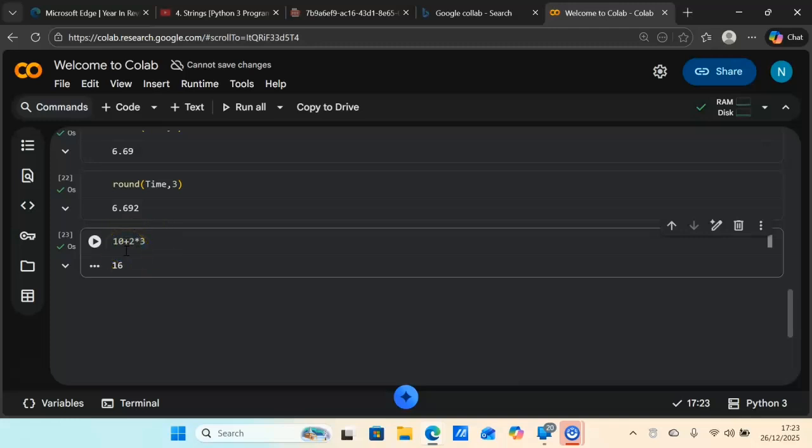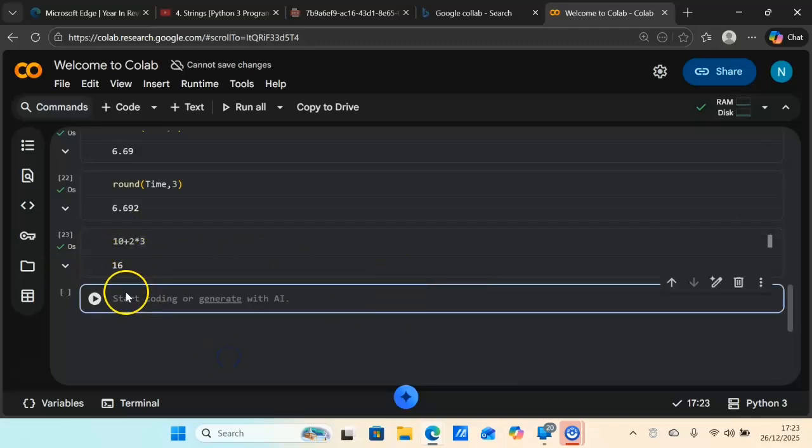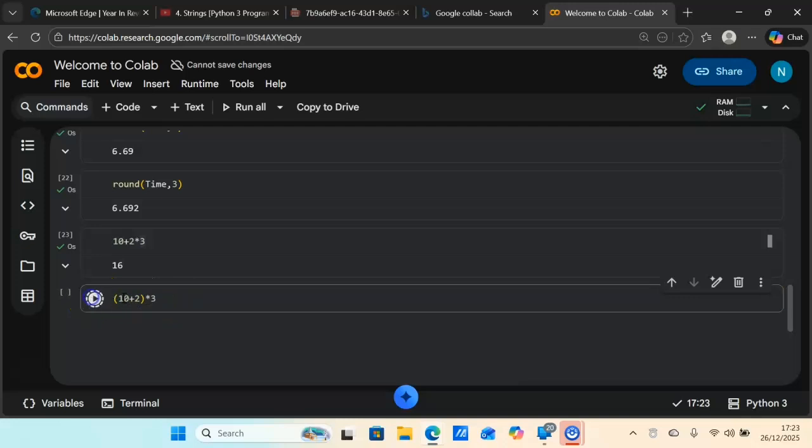But when you want to solve it separately, you're going to write it down with brackets: (10 plus 2), then you put your star sign, 3. When you solve this, you should be having your 36. Yeah. So thank you.